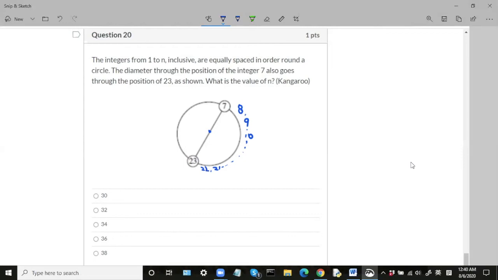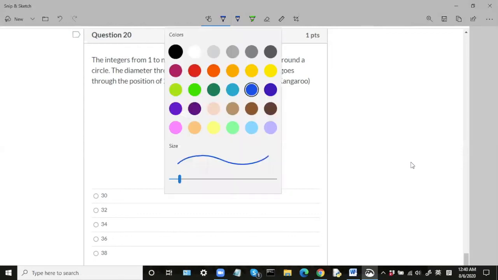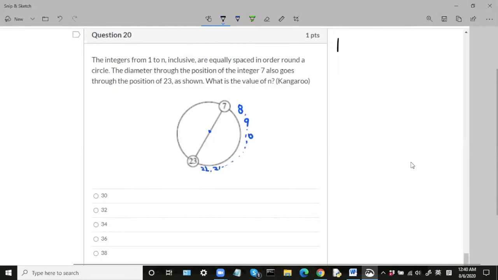Okay, so let's review how to count how many numbers are in a consecutive integer list. For example, let's have a consecutive integer list like 3, 4, 5, 6, 7, 8.